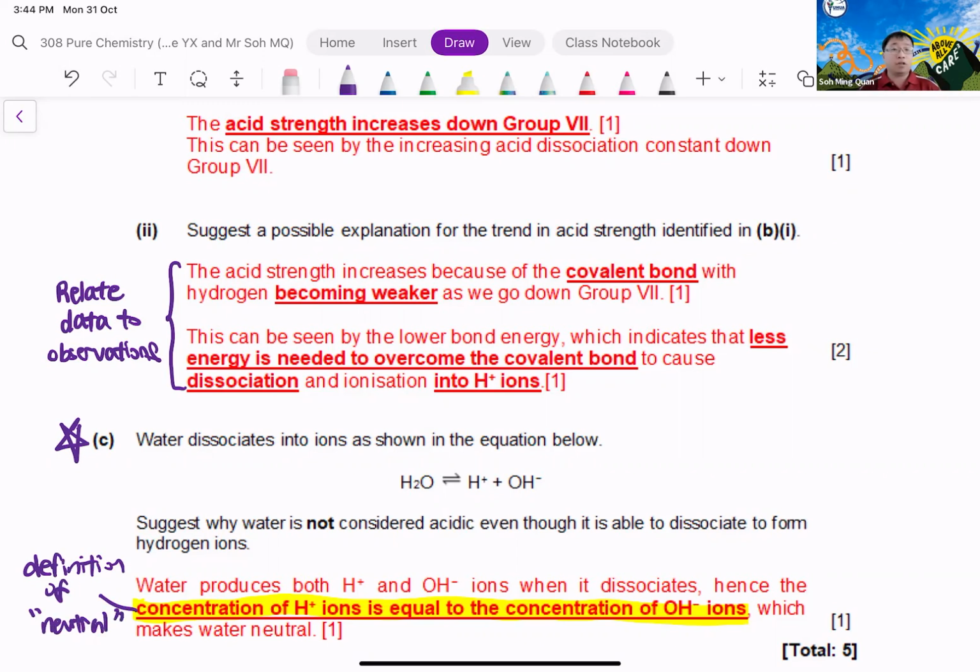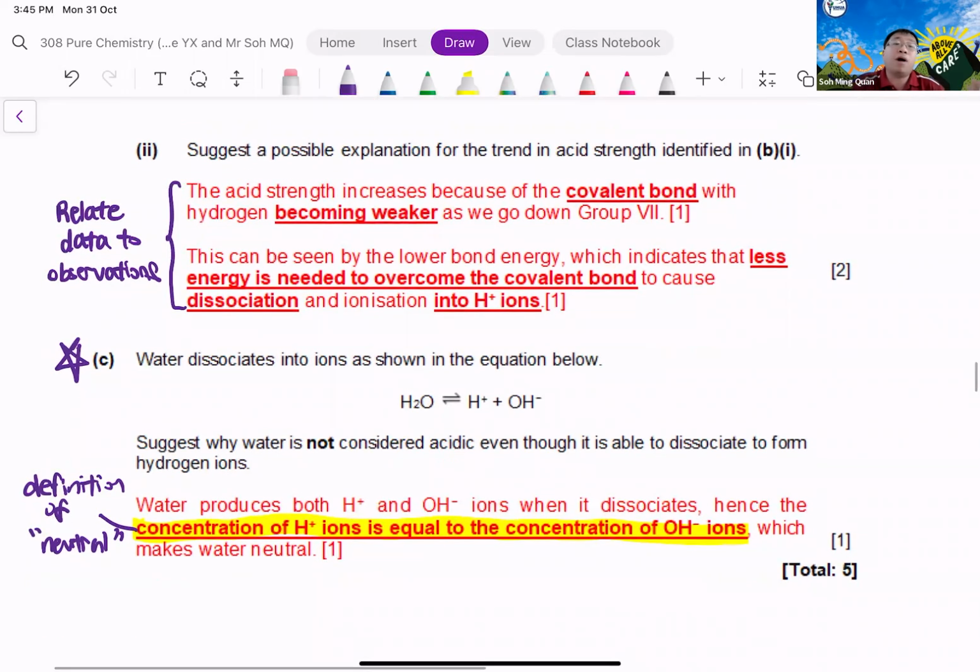Okay, so I hope you know this by now. Now, this has not been tested for a number of years, but you need to be familiar with this because this is actually part of the syllabus. Okay? So what makes something acidic? Something is acidic because the concentration of H+ is higher than the concentration of OH-.